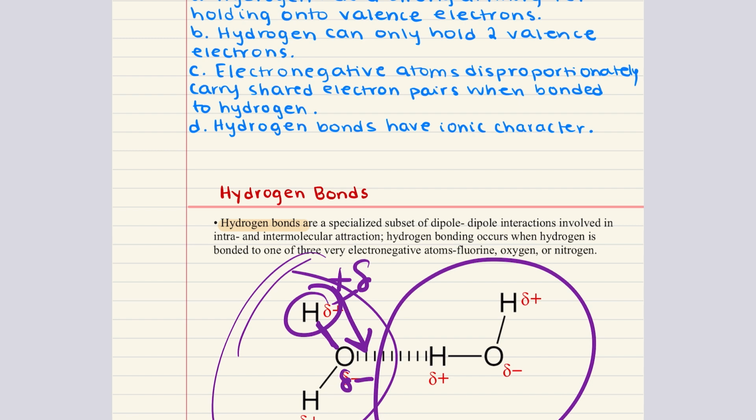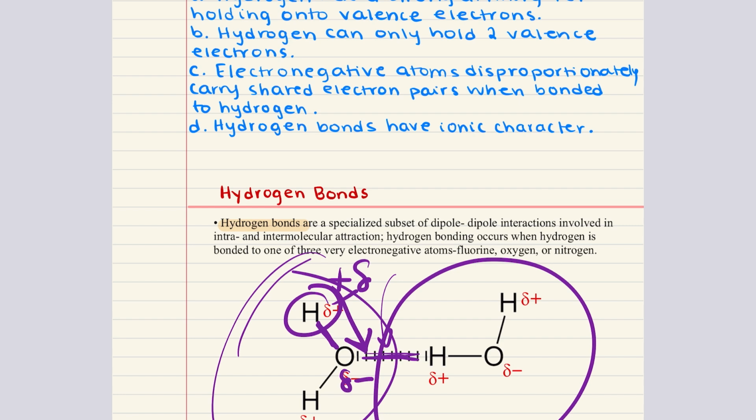All right? This partial positive charge on hydrogen is then strongly attracted to the lone pairs of electrons on neighboring electronegative atoms. That is what causes this intermolecular force, this hydrogen bond.